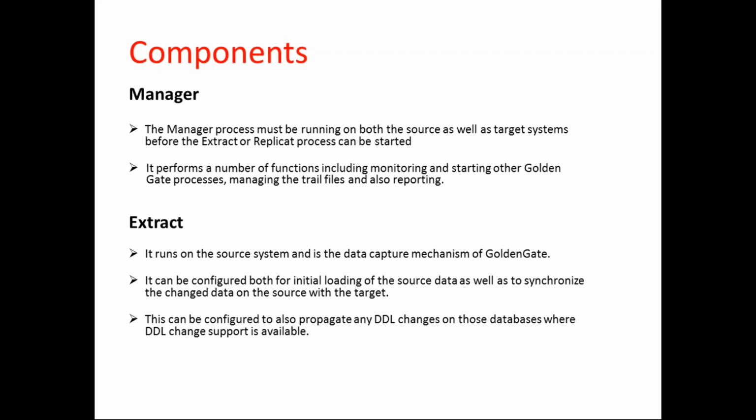It can also be used for initial load. Initial load is in the beginning of your replication. You first need to do an initial load, and then you start your replication. Golden Gate supports initial load, or you can use other mechanisms, Oracle ones as well, like export and import, RMAN, such things, depending on the databases you are using or the operating system you are using, because RMAN will also not support all the operating systems, right?